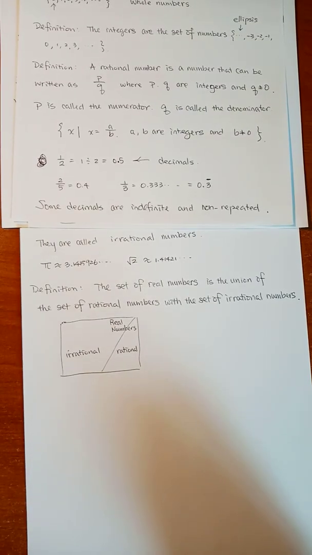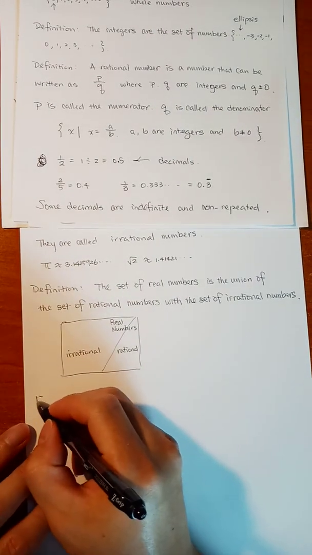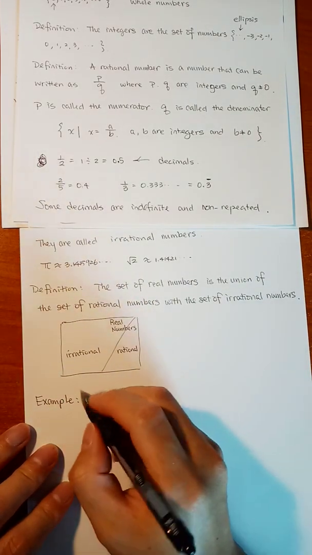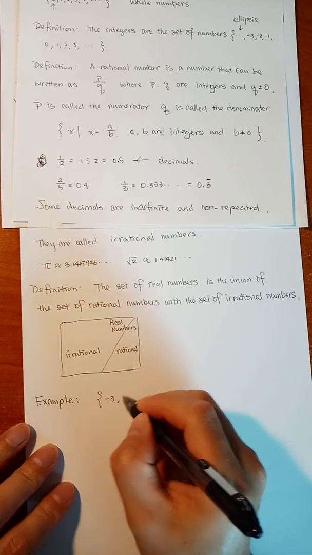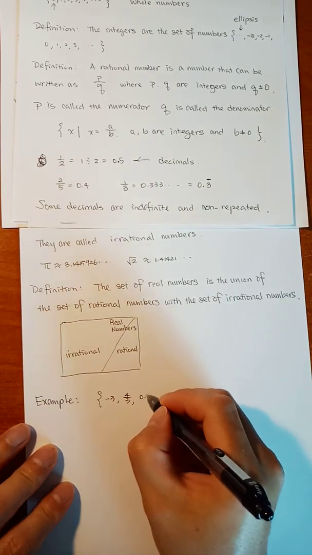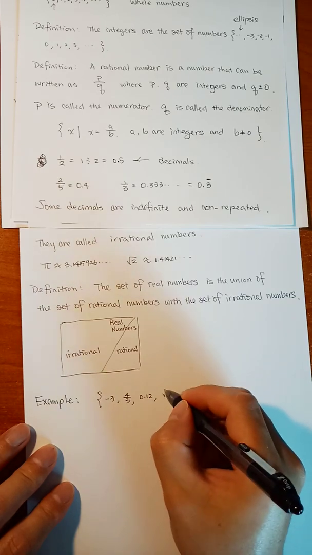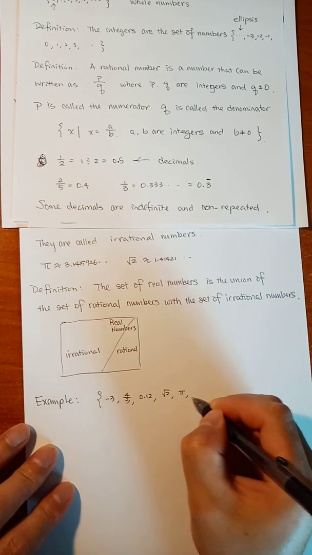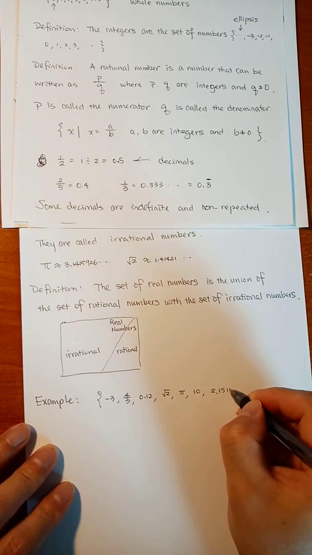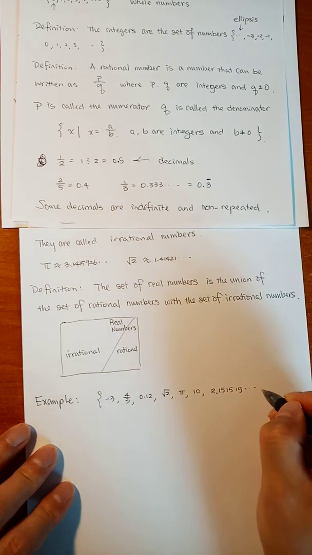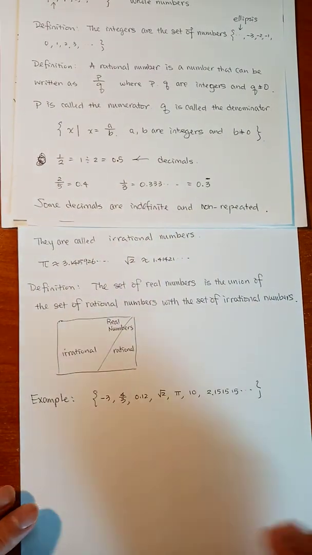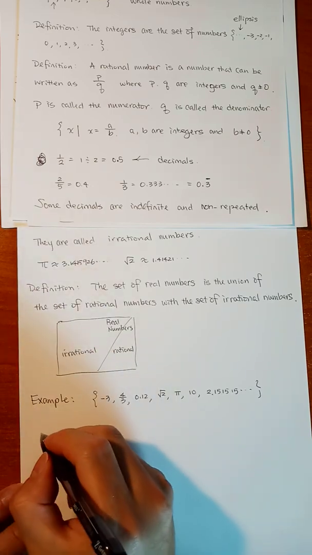For example, if we have a set: -3, 4/3, 0.12, square root of 2, pi, 10, 2.151515 repeated. Then let's see, we have natural numbers.